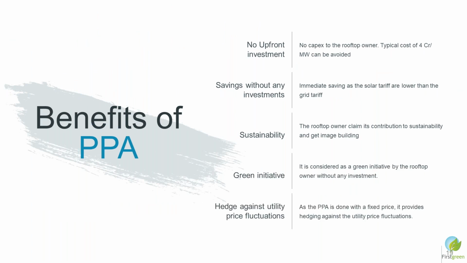Coming back to the advantages of solar PPA, the advantage which C and I segment consumers have is no upfront investment. They need not put any money, and without any investment, they can expect a reduction in their electricity bills. So they can expect savings without any investment.